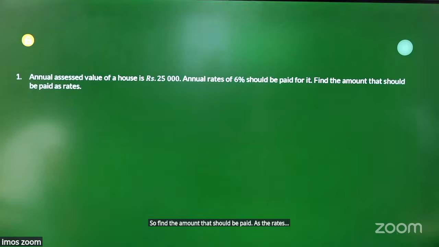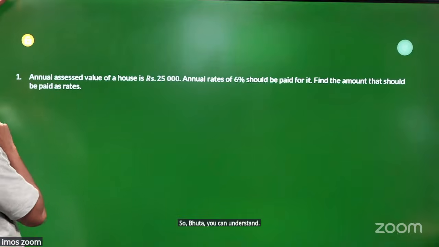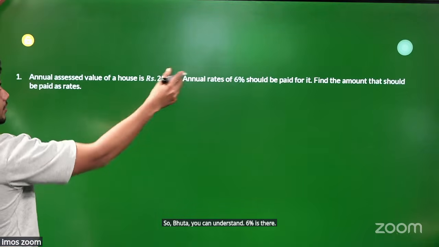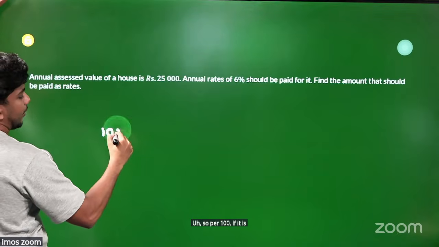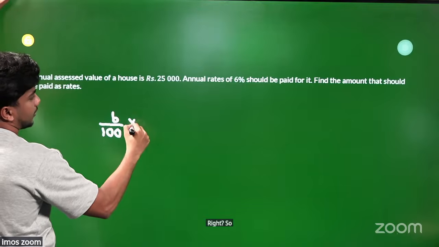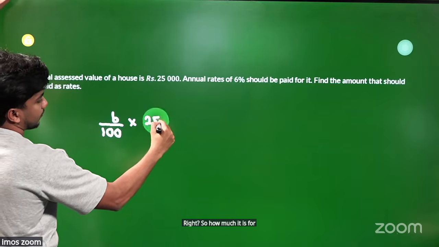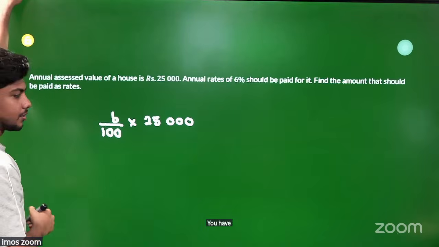So you can understand 6% means per 100, if it is 100, you have to pay 6 rupees, right? So how much is it for 25,000? You have to find 6% of 25,000.